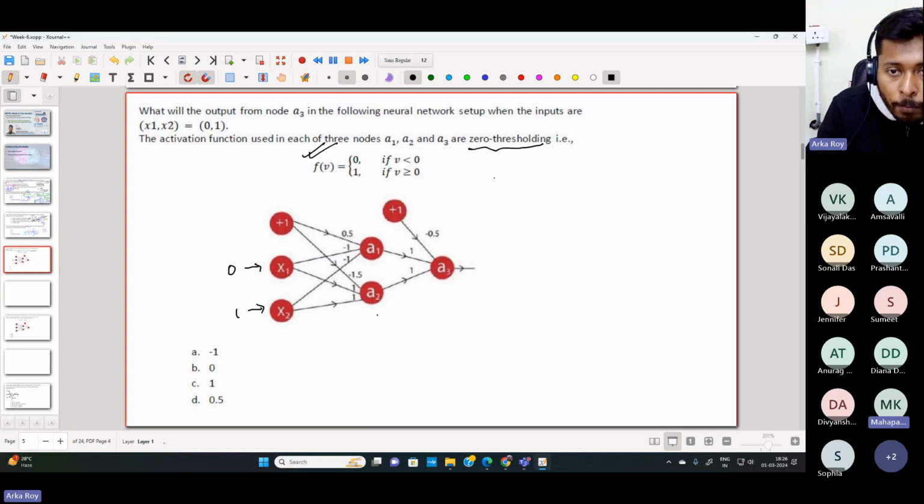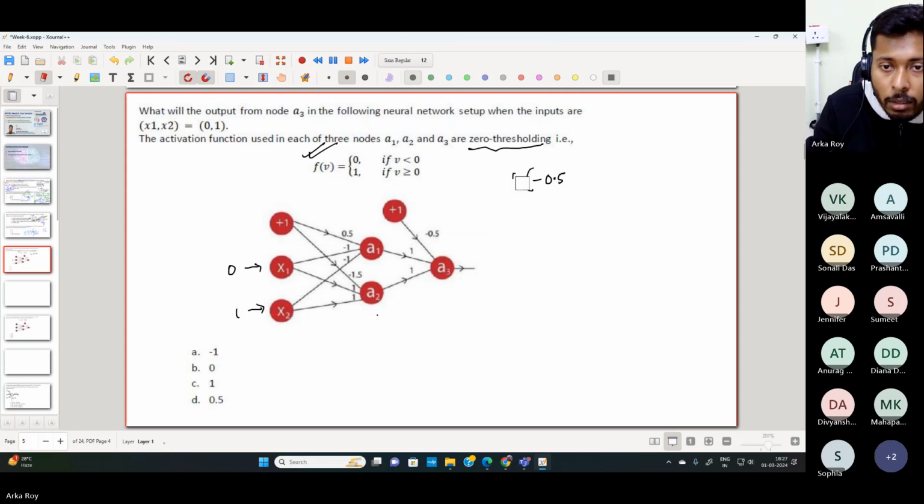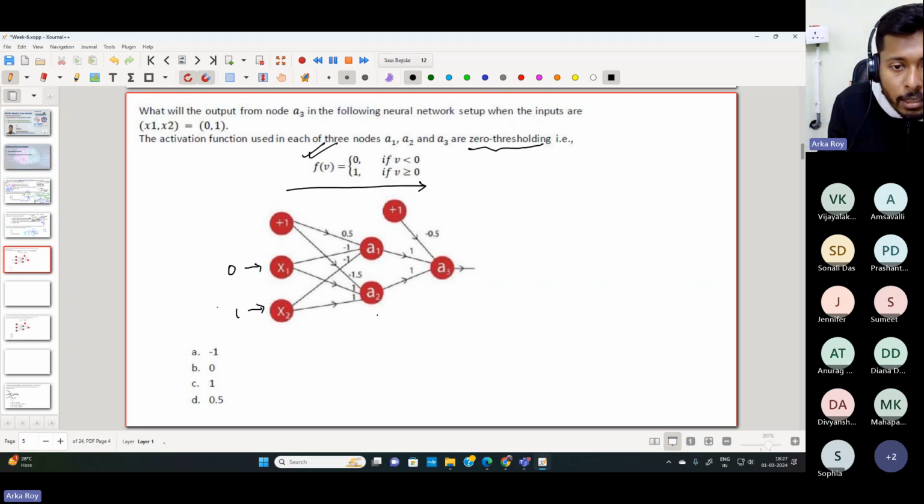Fine. So A3 is equal to a nonlinear function of, let me use the feed forward mechanism over here. Feed forward mechanism means I need to pass the input in the forward direction. So let us first get the output at this particular location and at this particular location.